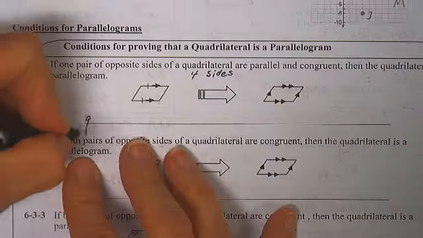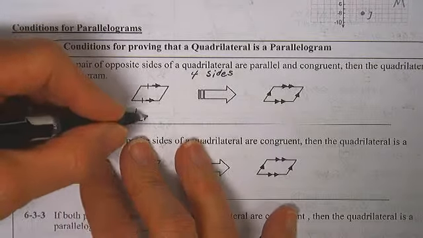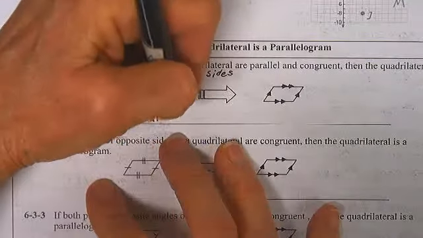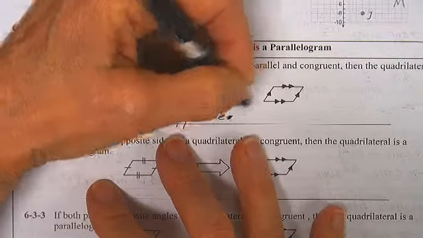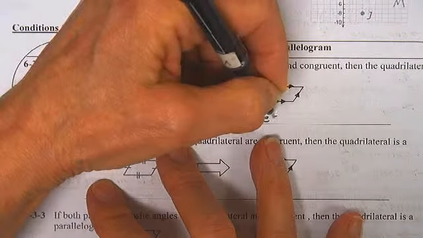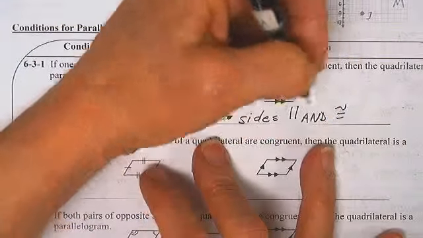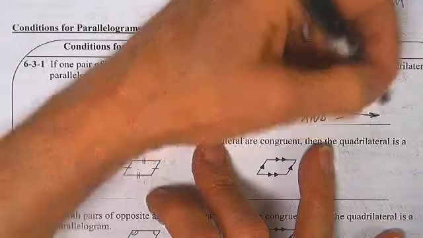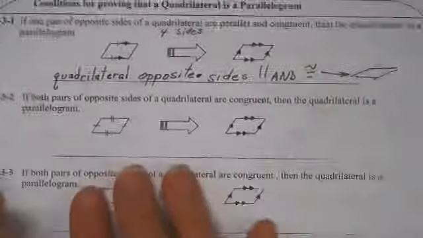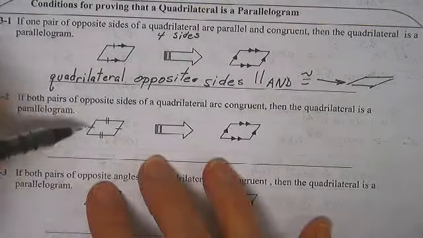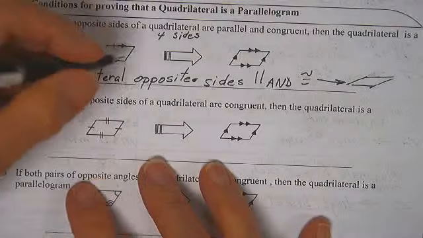If we have a quadrilateral with opposite sides parallel and congruent, then we have a parallelogram. What else? If both pairs of opposite sides are congruent, then we have a parallelogram.